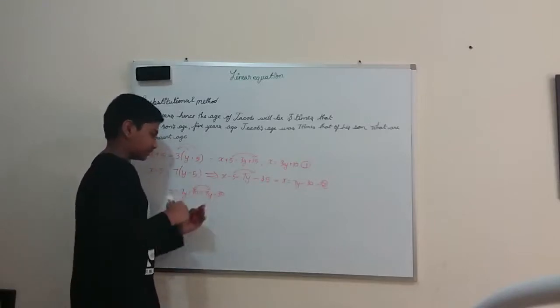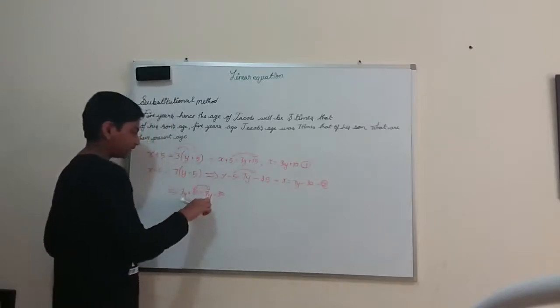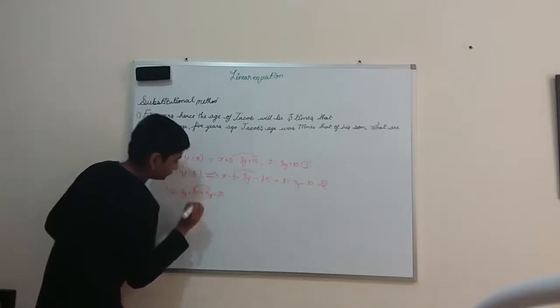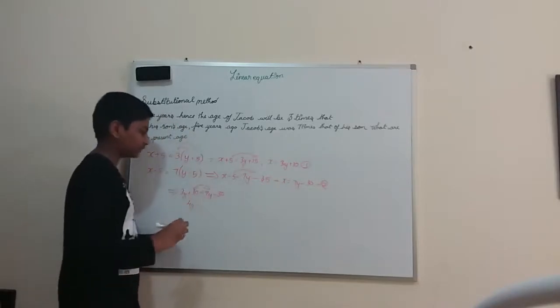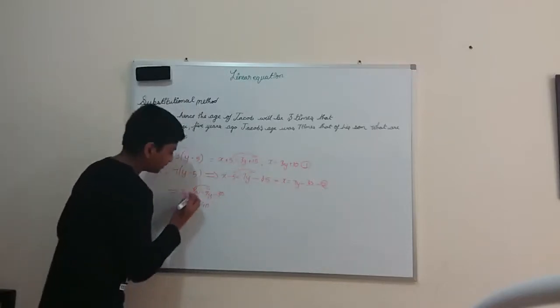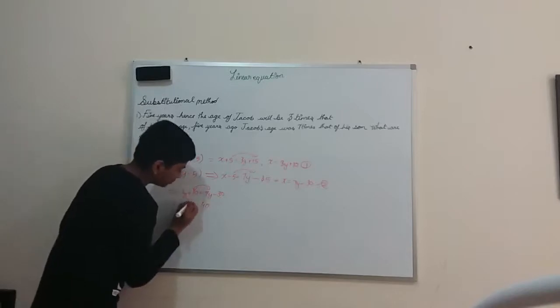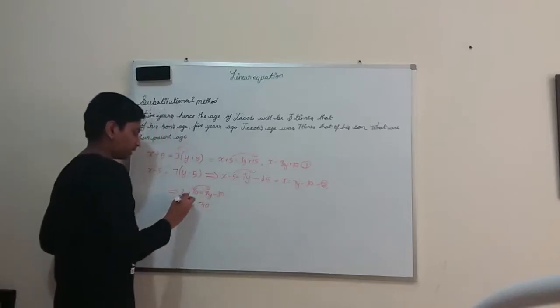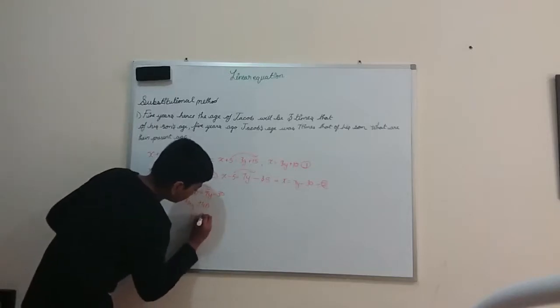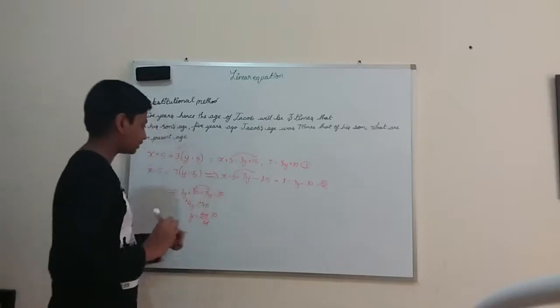So 7y minus 3y will become 4y and 10 plus 30 will become 40. So y will be equal to 40 divided by 4, which is nothing but 10. So now we got the value of y.